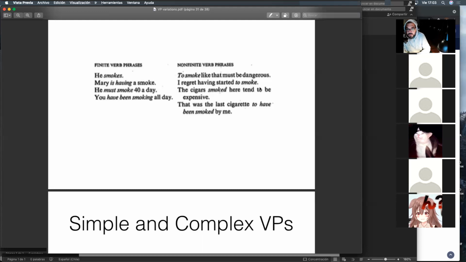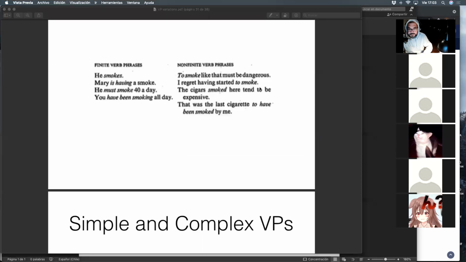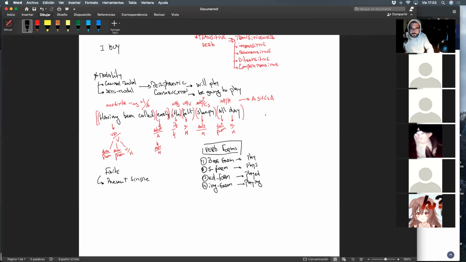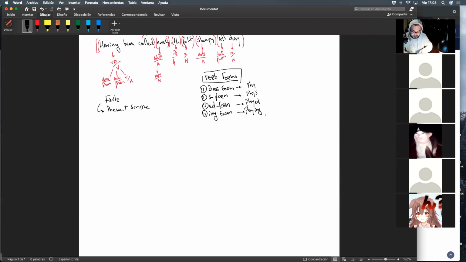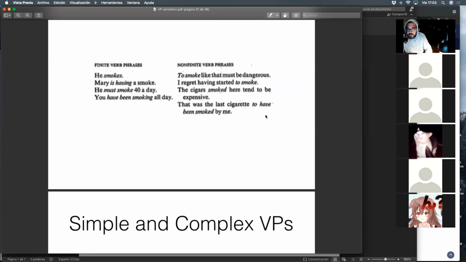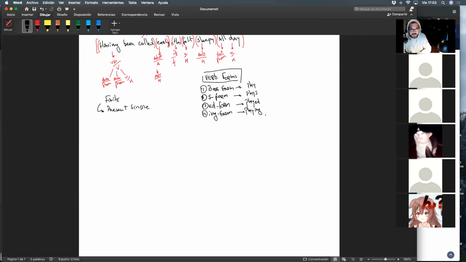The cigars smoked here tend to be expensive. The verb phrase, okay, we're going to do that. That's a good one.